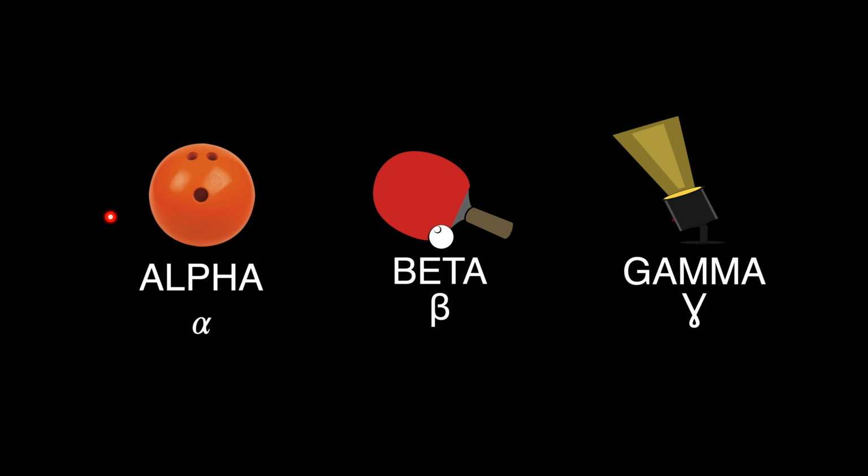Now these are examples or analogies we can use to understand alpha, beta, and gamma radiation. But in actuality, an alpha particle is a helium nucleus. A helium nucleus with 2 protons and 2 neutrons. As it has just 2 protons and 2 neutrons, it has an overall charge of +2.